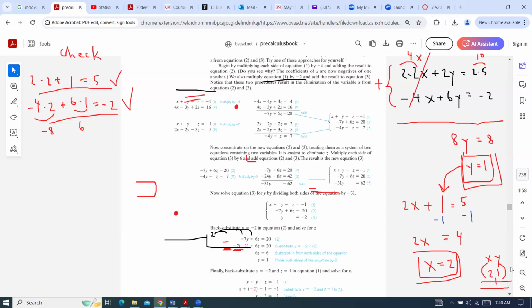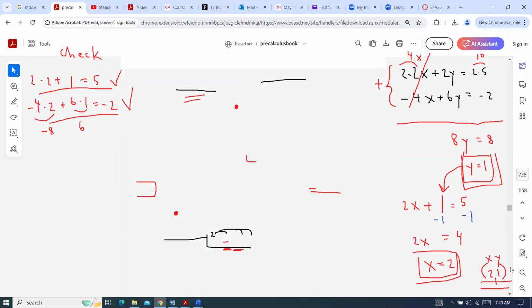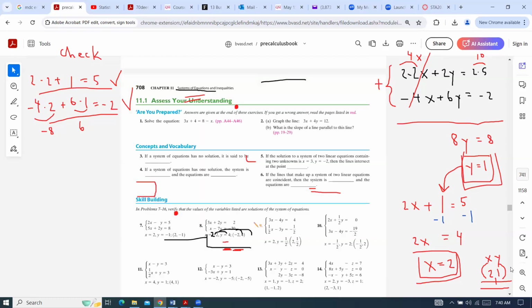I was able to eliminate my letter x, and that's a very popular approach in solving systems. So let me try to use it to do another exercise.